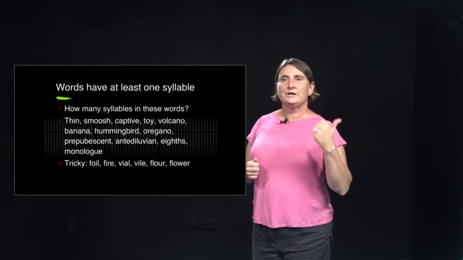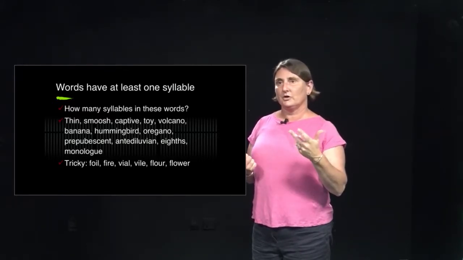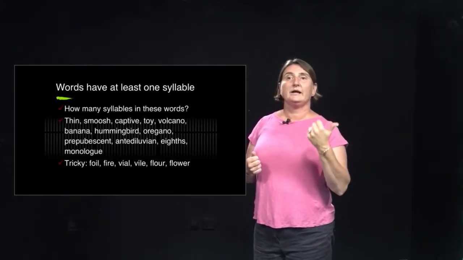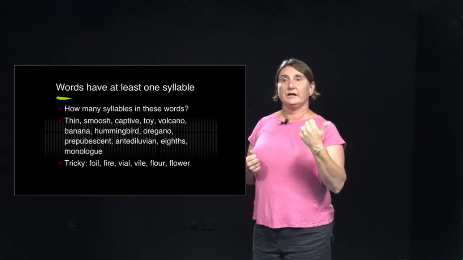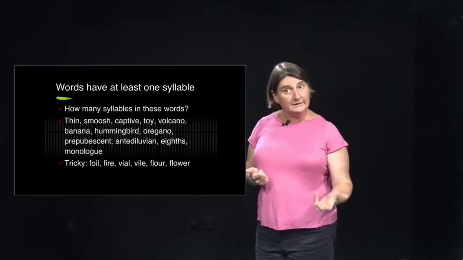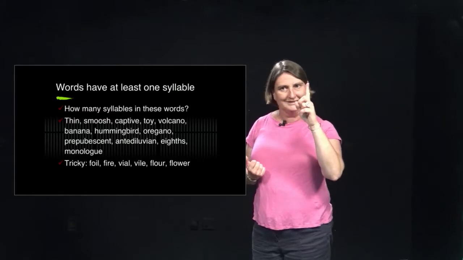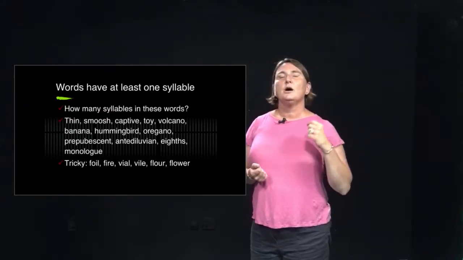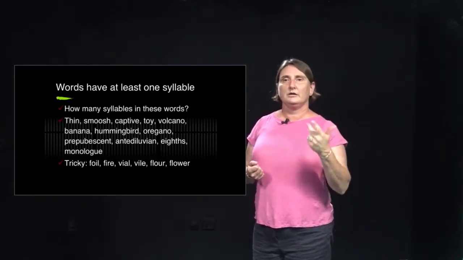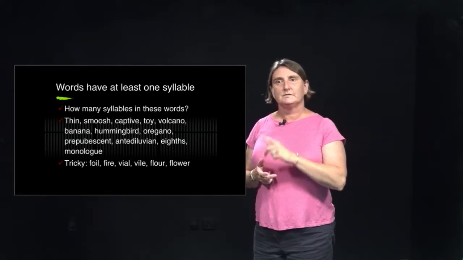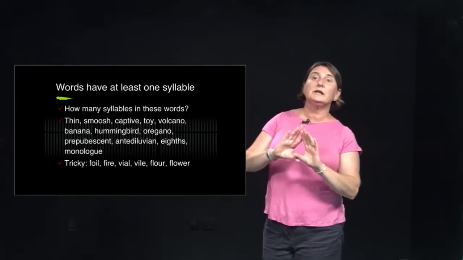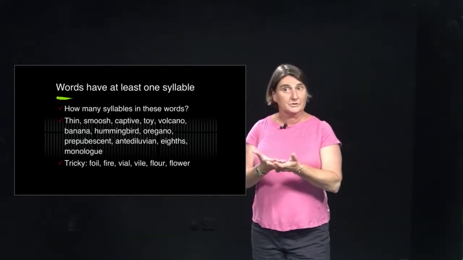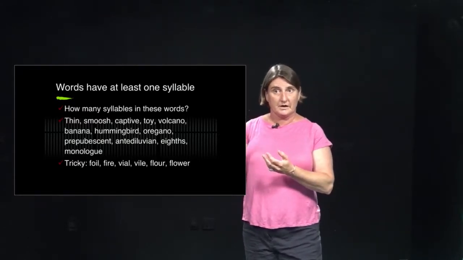Prepubescent, 4. Antediluvian, 6. Eighths, 1. Strange. Monologue, 3. And now here, I hope those were easy for you to agree. Those are the number of syllables that are in those words there.